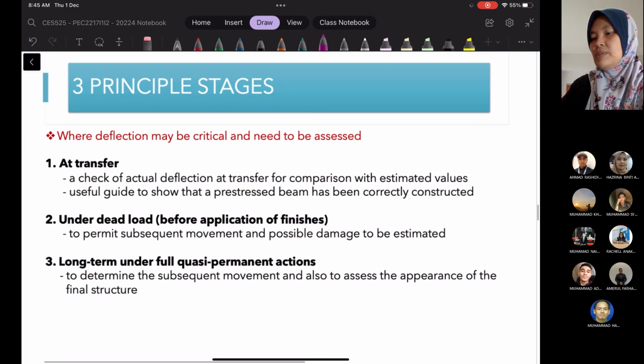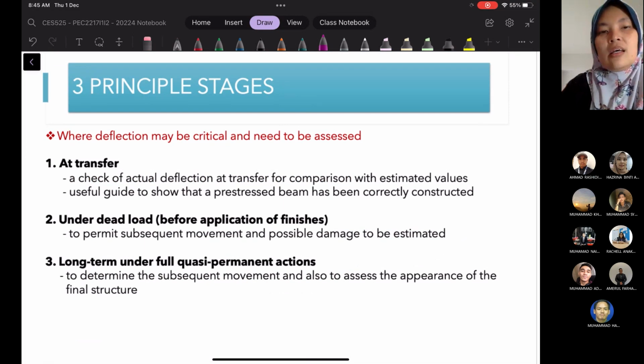Okay. So three principal stages whereas deflection may be critical and needs to be assessed, right? So dia bukannya kita calculate sekali sahaja, right? However, we have certain stages in the process of construction of a prestressed concrete beam whereas we have to check for deflection, right?